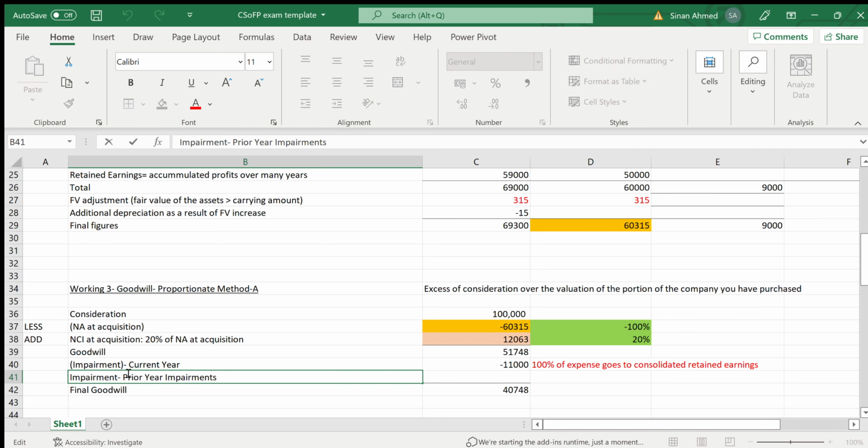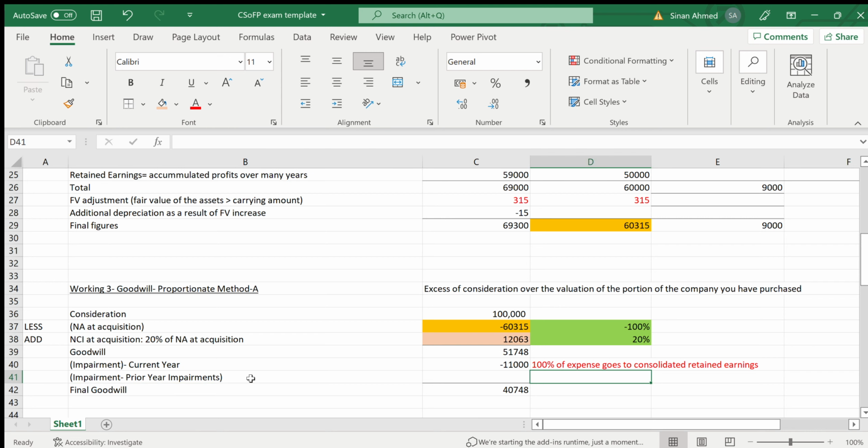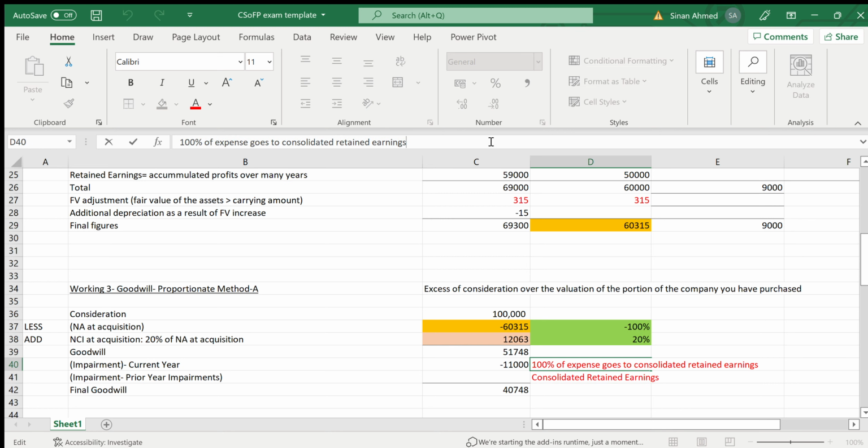So these are reducing your goodwill, aren't they? And these are prior year impairments. And I think these do feed into consolidated retained earnings. And I just want to be clear that for the proportionate method, 100% of the expense goes to consolidated retained earnings.